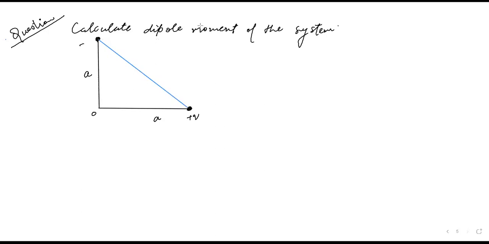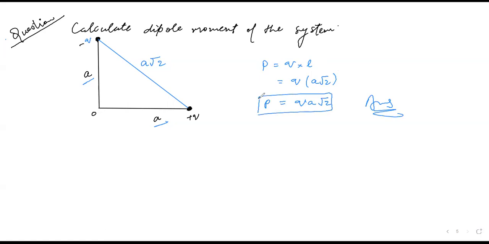According to the Pythagoras theorem, if this side is A and this side is also A, then this side will be A root 2. Now the dipole moment P is equal to Q into L, or 2L you can say. This is Q A root 2. Finally, you got Q A root 2. This is your answer. Note it down, please.